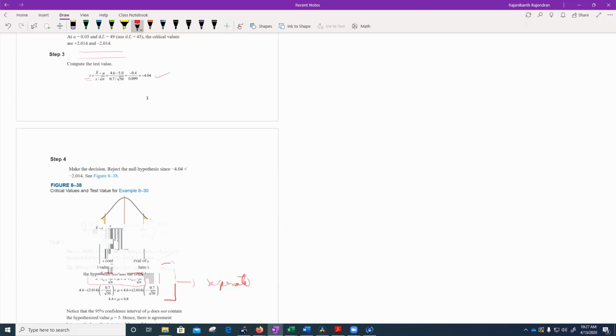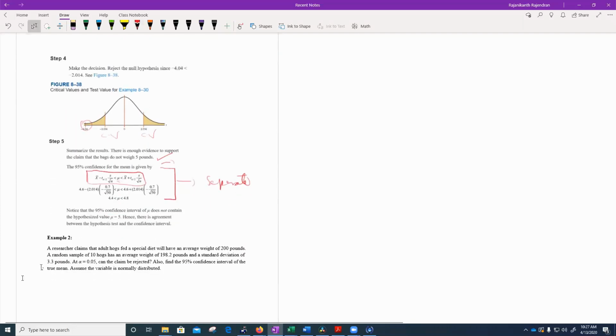You know all the values; t alpha over 2 here, my critical value, is 2.014. You can check your chapter 7 notes if you have a doubt. So we find the confidence interval for the population mean is 4.4 to 4.8.